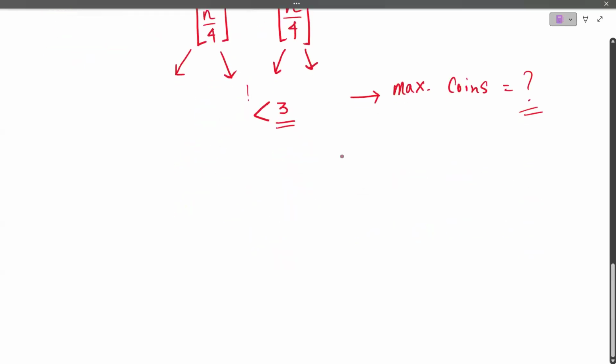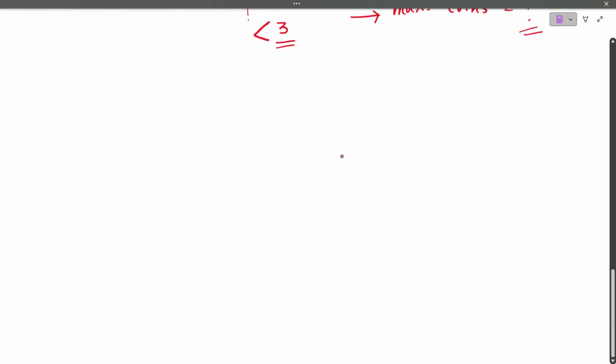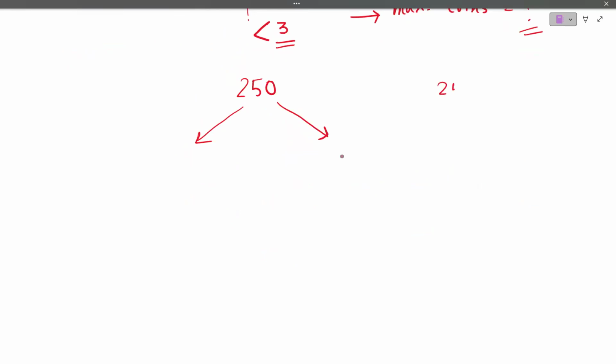So let us run it for some case. Suppose I take n equals 250 and understand what happens. So if n is 250, in the first operation, n breaks apart into two values, right? So what is 250 by 4? 250 by 4 is 62, right?